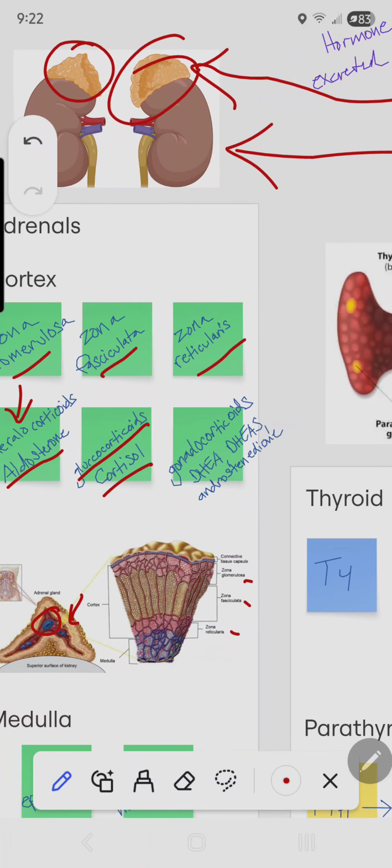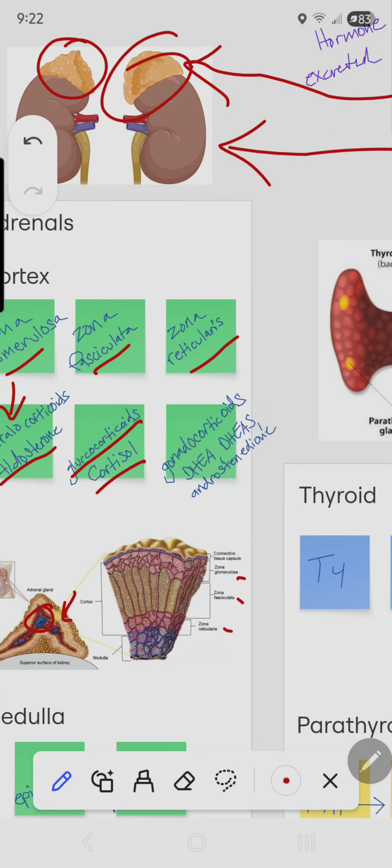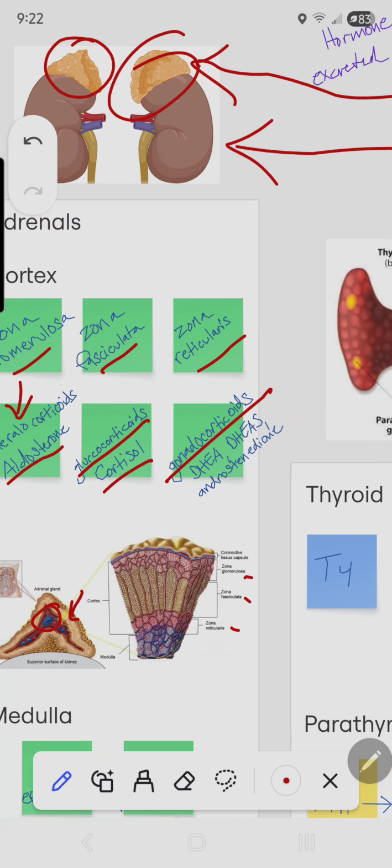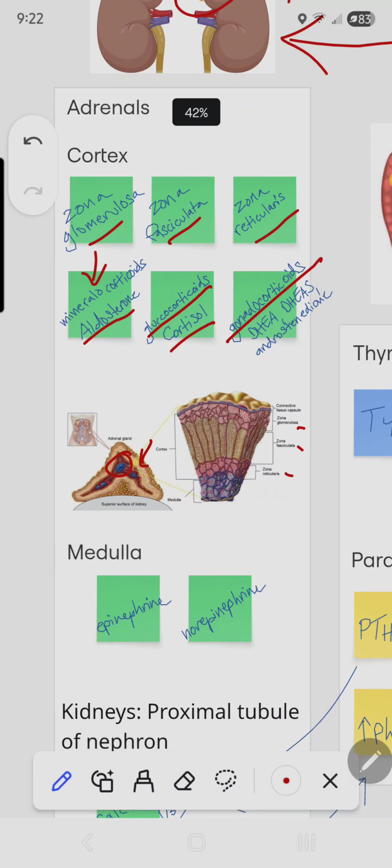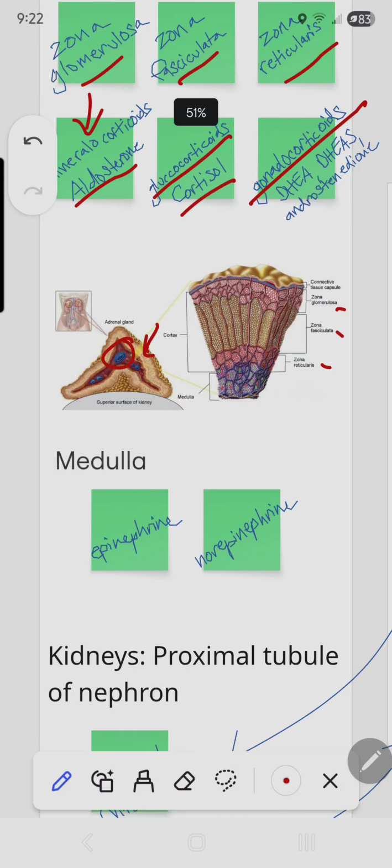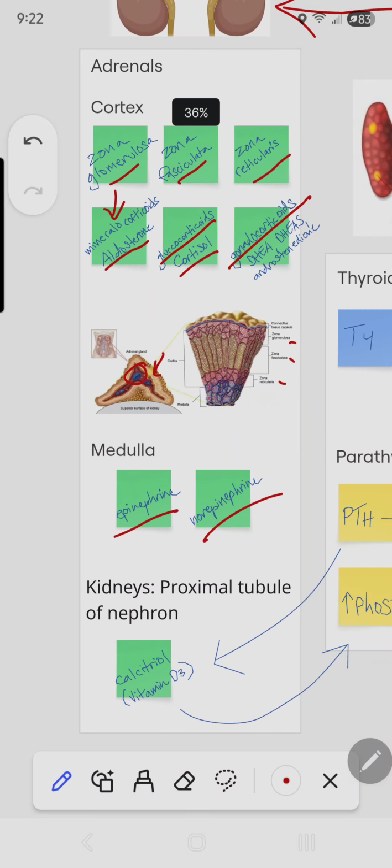And then your gonadocorticoids are going to produce a couple of other hormones that are responsible for effects on reproduction. The medulla is going to produce two things, epinephrine and norepinephrine, both of which are pretty important to fight or flight of the body.